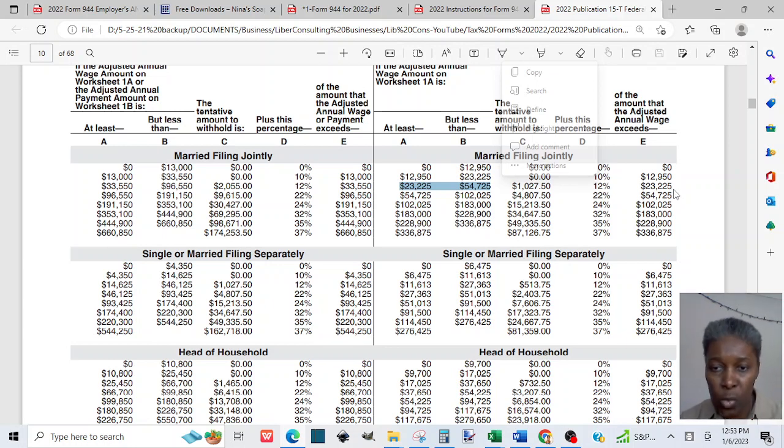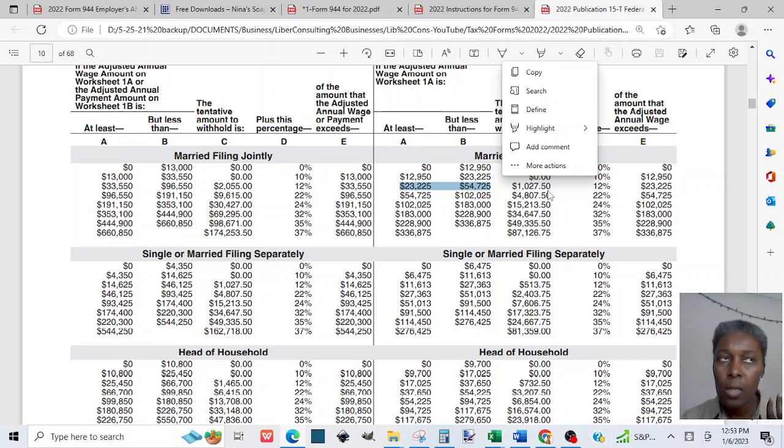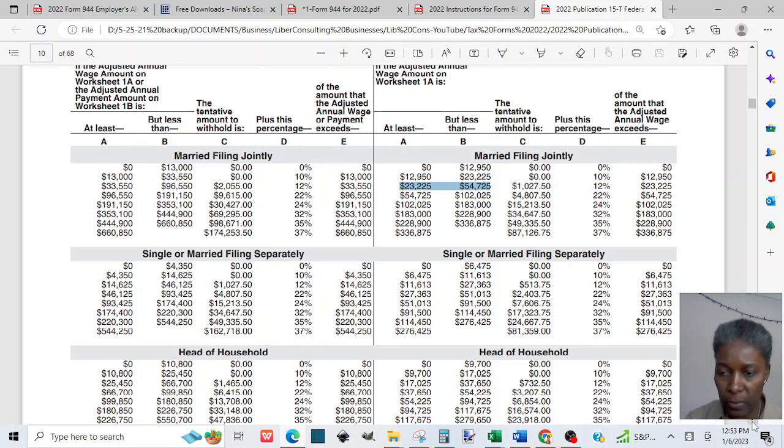You'll apply 12% on that plus $1,027.50, and that's the income tax to withhold. So that's how the percentage method works.